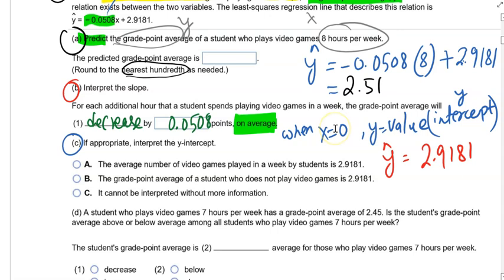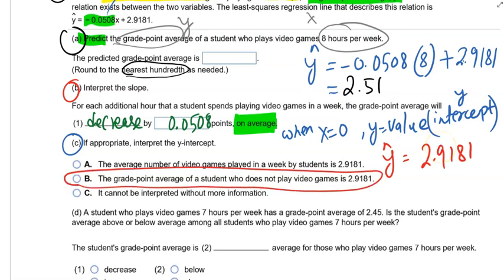Therefore, here x is 0. That means if students do not play video games, because x is 0, then the GPA of that student is going to be this much. Therefore, the answer is going to be B. The grade point average of the students who do not play video games is 2.9181.